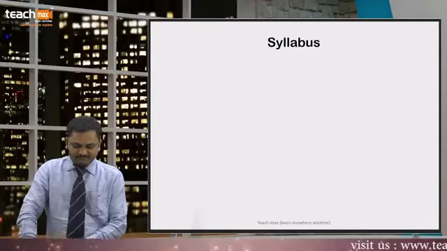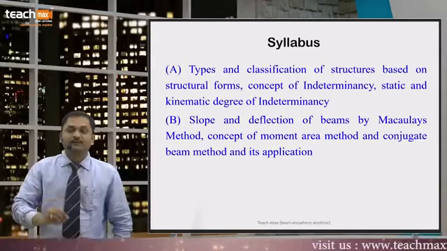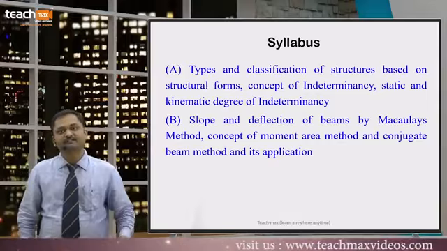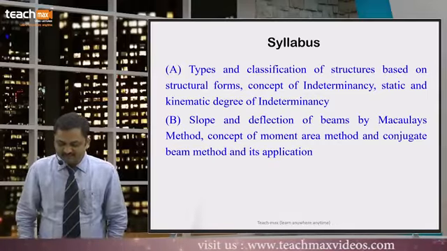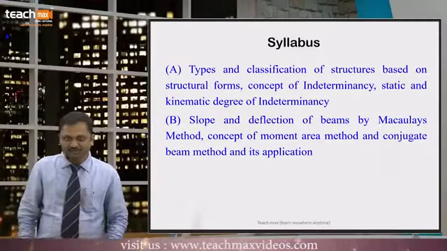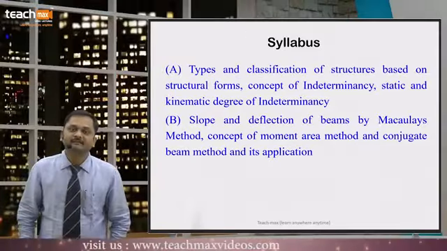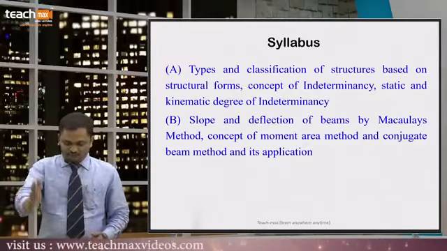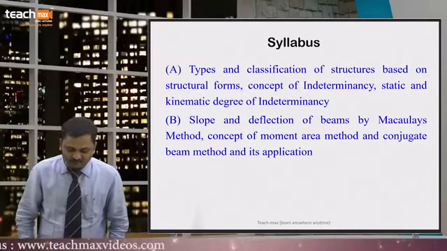In part B we are going to focus on slope and deflection of beams, as I said, by using geometric methods, and they are the Macaulay method, the moment area method, also called Mohr's method, and the conjugate beam method. This method was developed by Mueller-Breslau. So we can say this is the conjugate beam method.